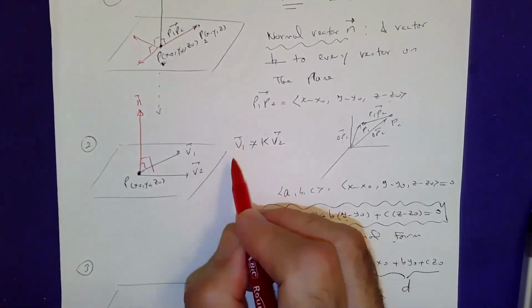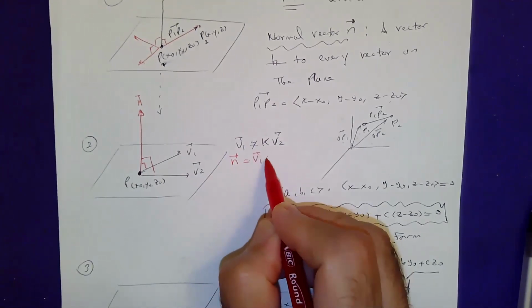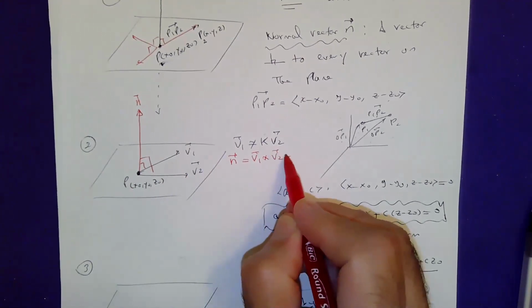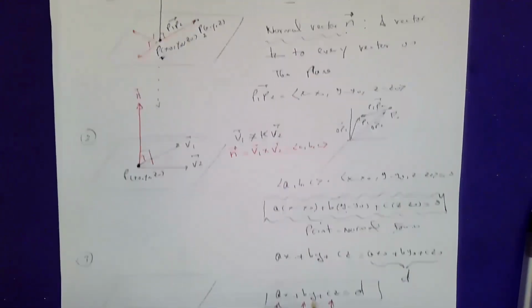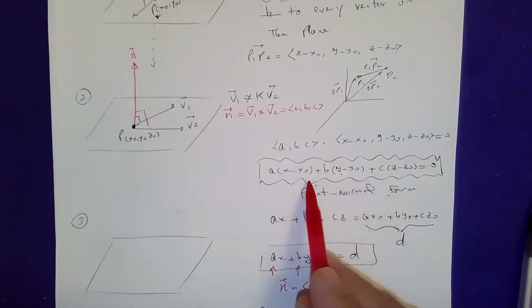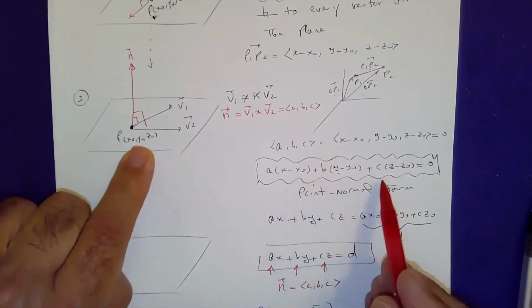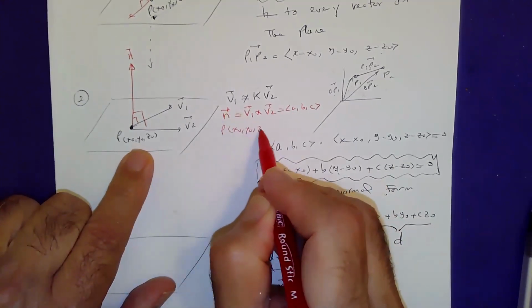Let me just give you the idea here. Because these are not parallel, take the cross product so you can get your ABC. Once you get your ABC, use the point-normal form because you have the point, and finish the problem up. Remember, you also have the point. This is also given on the plane.